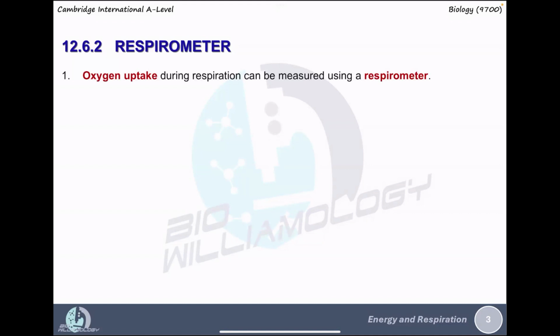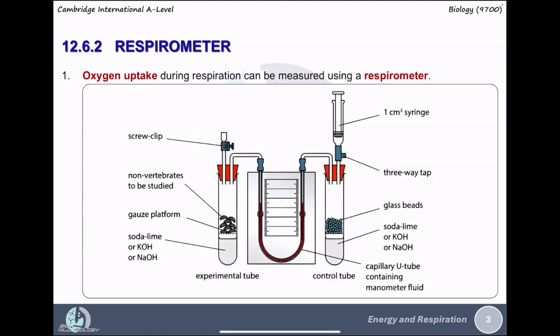A respirometer is an equipment that we can use to measure the oxygen uptake during respiration. The following diagram shows a setup of a conventional respirometer. In this setup, you can see that we have an experimental tube and a control tube.